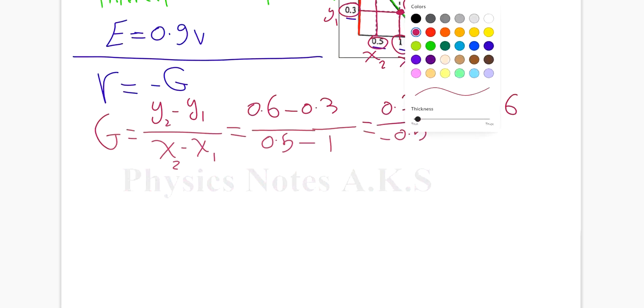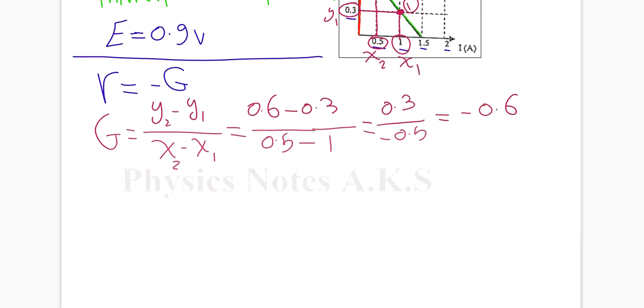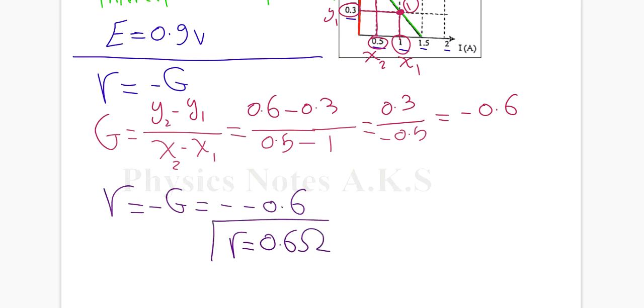So I'll take the internal resistance. The internal resistance, I write it again, it's negative the gradient, which is negative 0.6. So negative negative is going to be positive, so internal resistance equals 0.6 ohm.